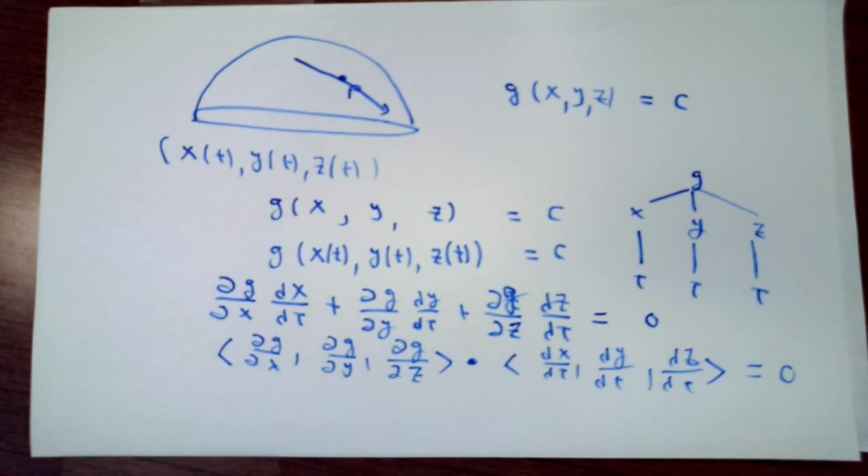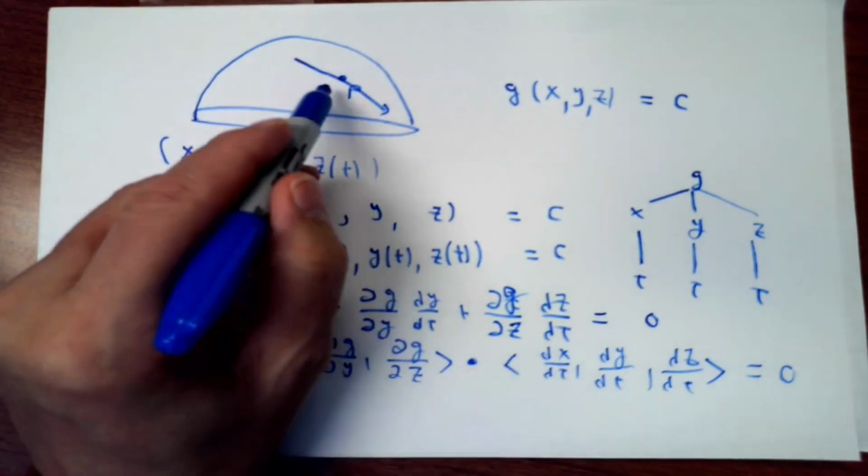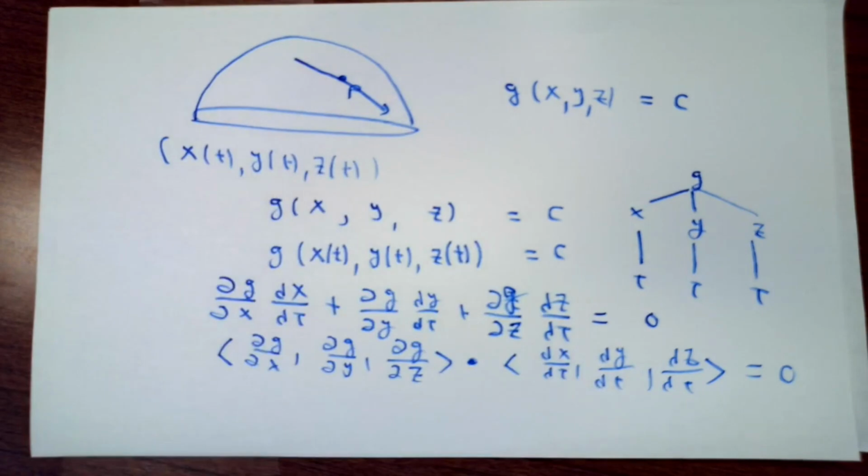This is the partial derivatives of g with respect to x, y, and z for components evaluated at the point. I'm going to assume that this vector isn't 0. This says that this vector is at right angles to the tangential direction at point P.